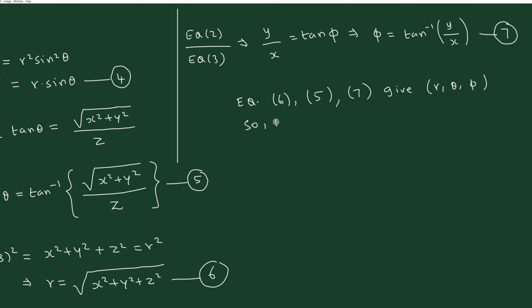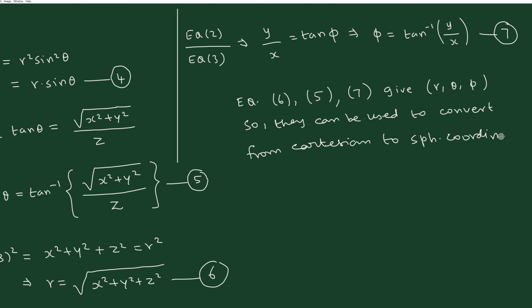So this is the conclusion. You can use equation number 6, 5 and 7 to convert from Cartesian coordinates to the spherical coordinates.